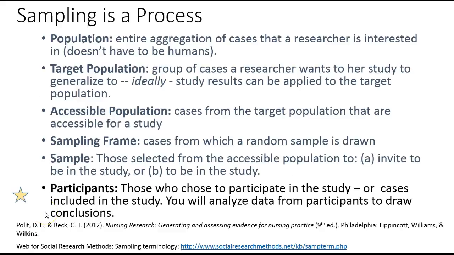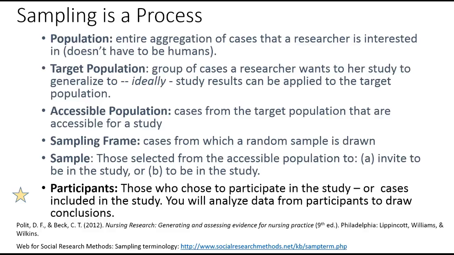So let's define the terms that are here. These definitions come from this textbook, Nursing Research, which is a highly regarded textbook on nursing research and methods. We've already talked about the meaning of a population. They include a term called the target population.